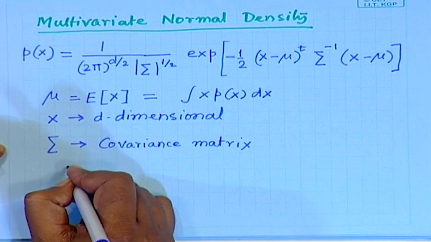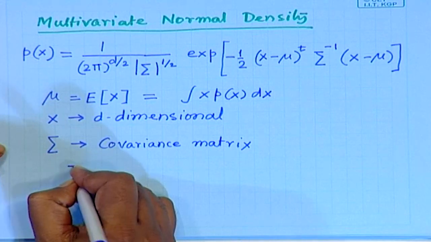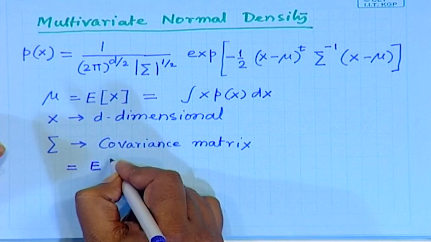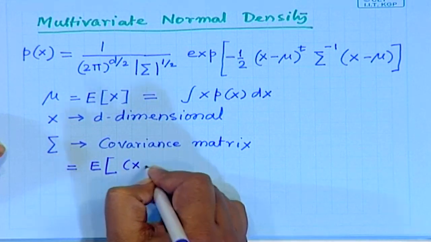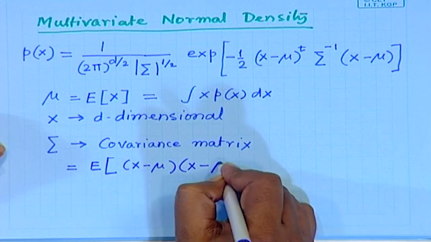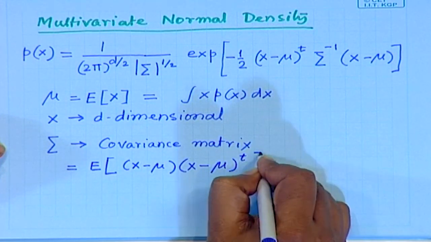So, this covariance matrix sigma is nothing but the expectation value of (x minus mu) into (x minus mu) transpose.